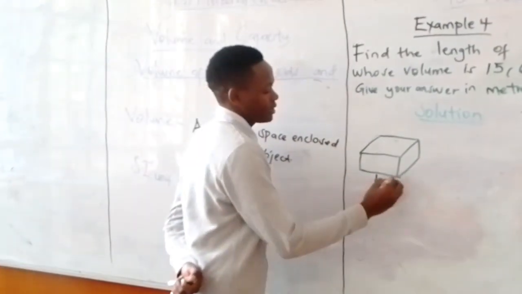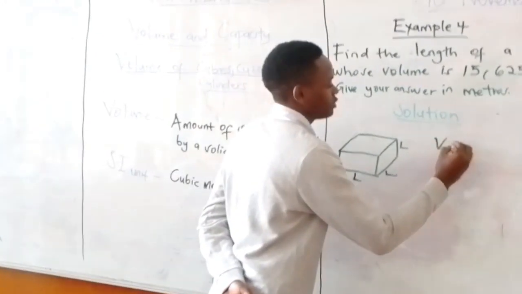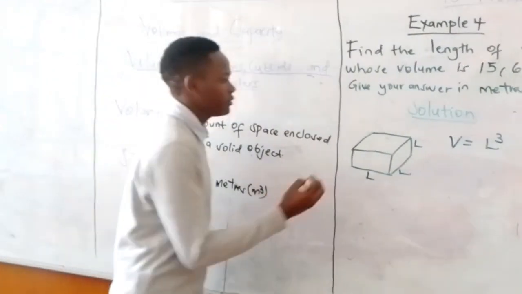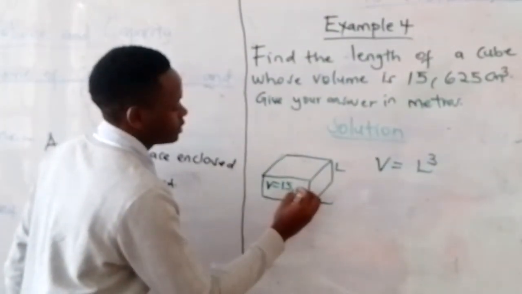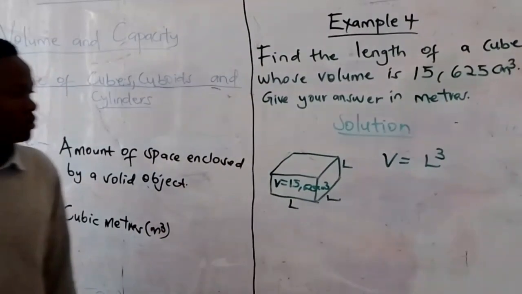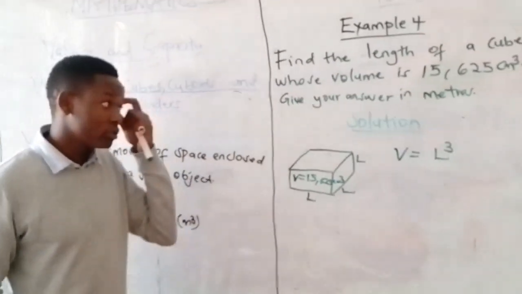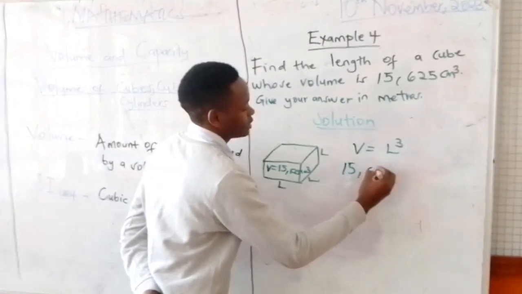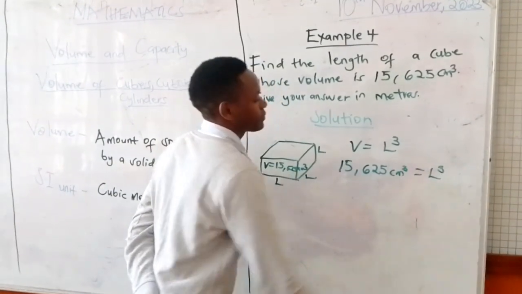This one you see is L. The volume V equals L cubed. But in this case, the volume is given as 15,625 centimeters cubed. So we have to find the length of one side, because the sides are equal. Equating in the formula, we have 15,625 centimeters cubed is equal to L cubed.